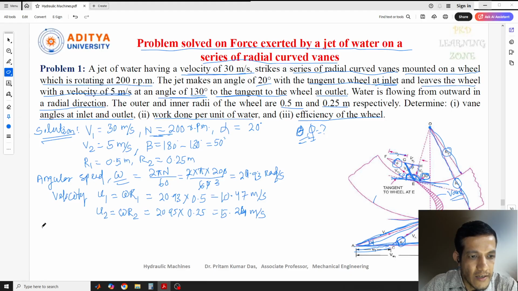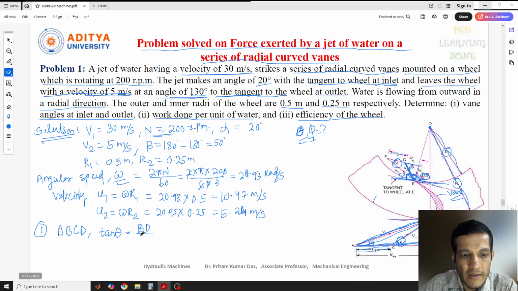So by considering angle BCD, here I can write that tan theta equal to BD by CD. I can write in terms of sin theta and cos theta, sin theta by cos theta.